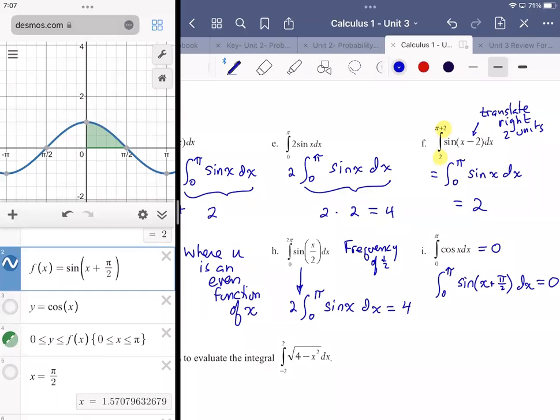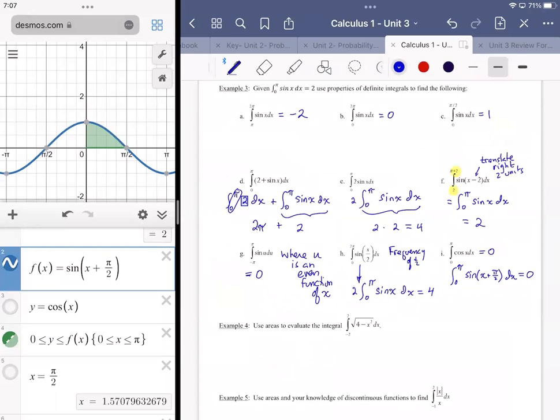The reason I did it as a shifted sine is because then you wouldn't have to learn all the different relationships associated with a cosine, because they really are the same relationships. It's still the same area under the arch for a cosine function as it is for the corresponding sine function. It's just a horizontal shift.